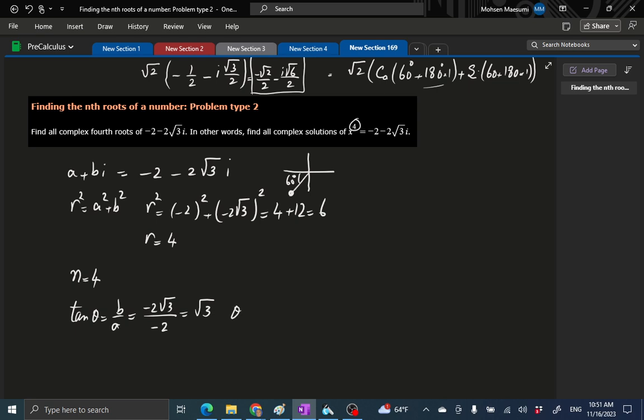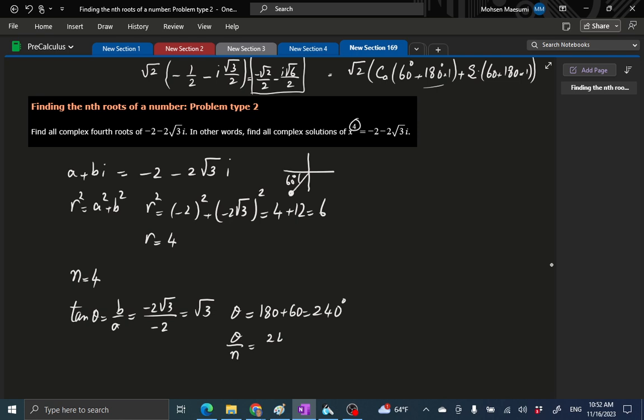That means the theta itself is 180 plus 60. So if I were to write this number in polar, it could have been 4 times cosine of 240 plus i sine of 240.